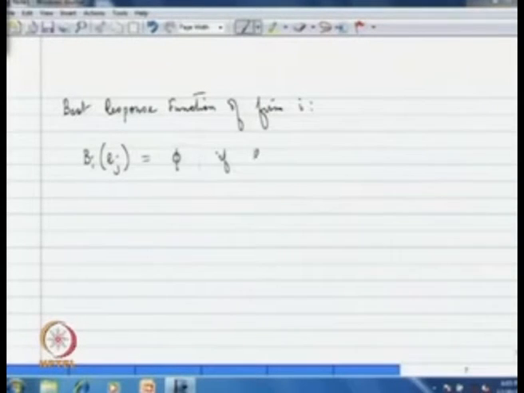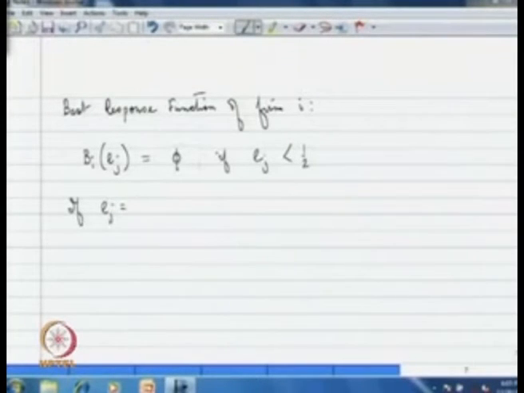If E j is less than half, right. So, this is one case, if E j is less than half. If E j is equal to half, then what happens?